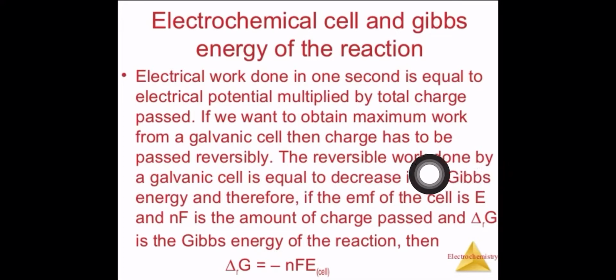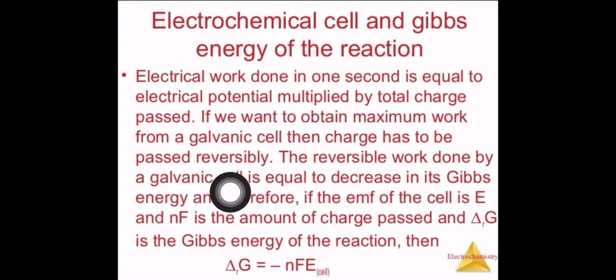The reversible work done by a galvanic cell. Now here I am saying reversible, so definitely we know that there will be a sign which will be negative. Yes, so we have to put a sign of negative. The reversible work done by a galvanic cell is equal to the decrease in Gibbs energy.